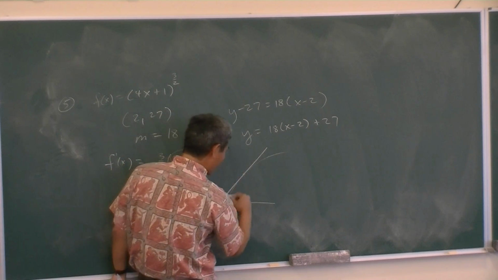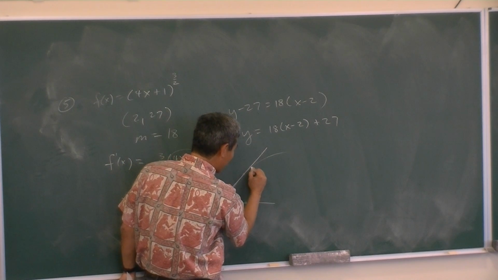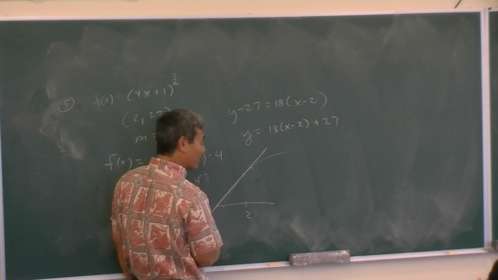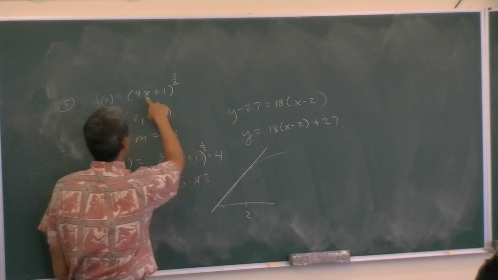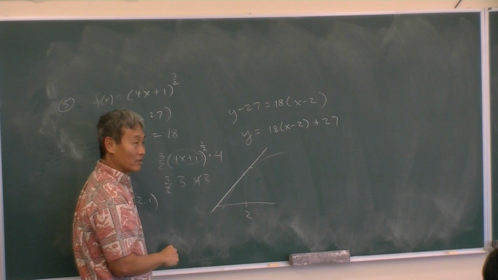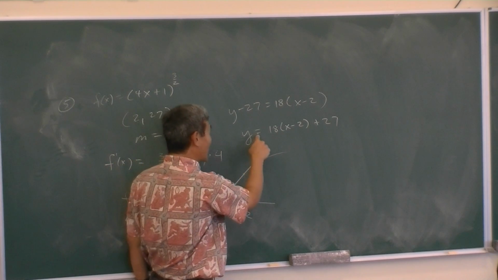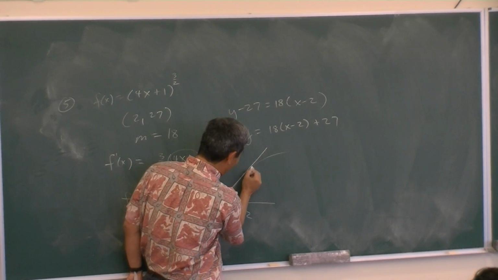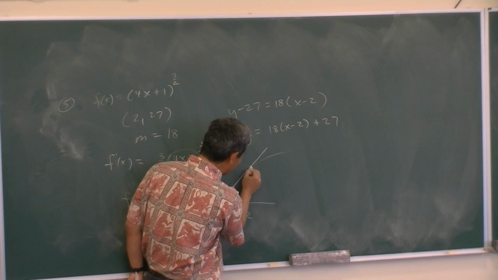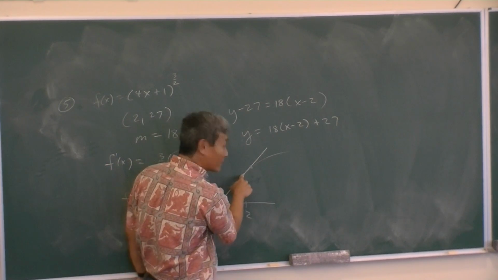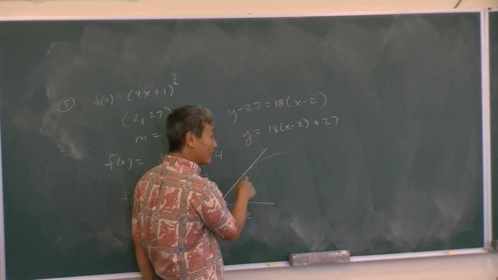So on the actual curve, 2.1 would be about there. f of 2.1 is the y coordinate of that point there. But who wants to plug 2.1 into this? It's very difficult. So we can get a good estimate by plugging 2.1 into the line equation, because you can see that the y coordinate of the line is very close to the y coordinate of the curve, as long as you're close to this point. This is the concept of linearization.